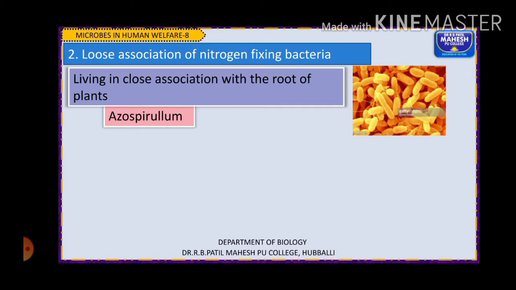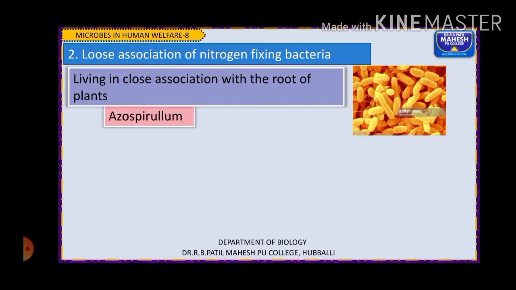An example here is Azospirillum. The bacteria may reside in the transition zone between the soil and the root, and sometimes they also enter the roots. Some of the fixed nitrogen is absorbed by the roots, and in turn the bacteria get carbohydrate from the roots.